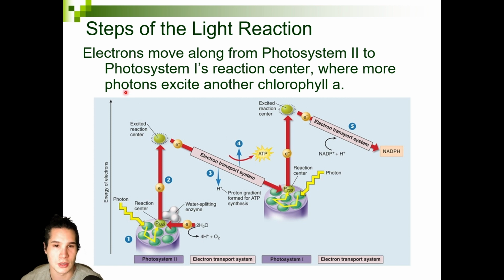So like I mentioned earlier, photosystem 1 was discovered first, then photosystem 2 was discovered second, and so we've named them accordingly. Electrons are going to move, however, in the chronological order from photosystem 2 to photosystem 1.